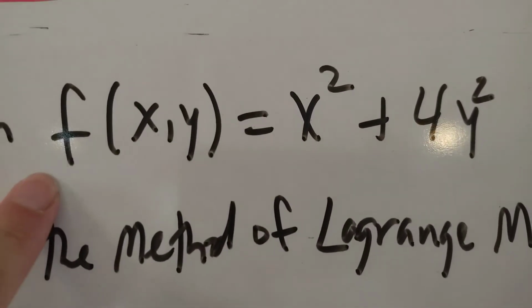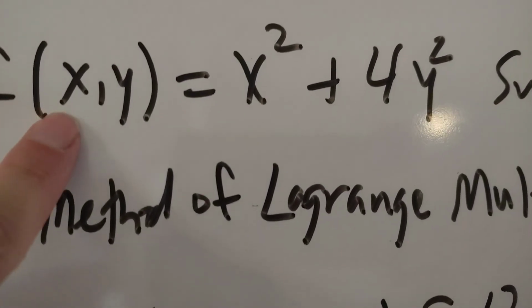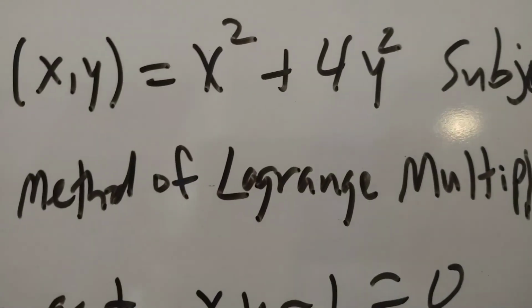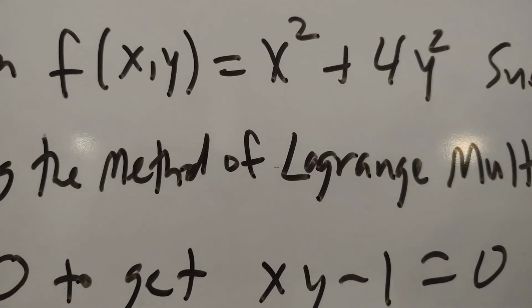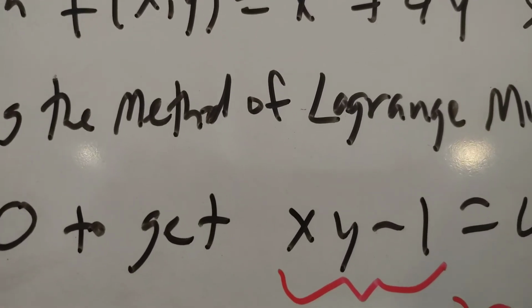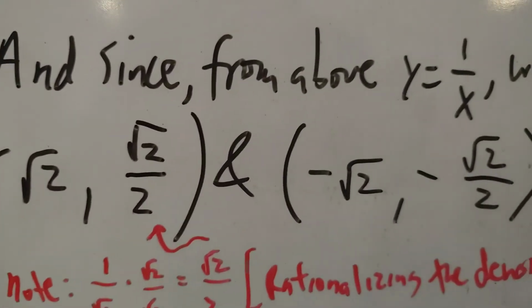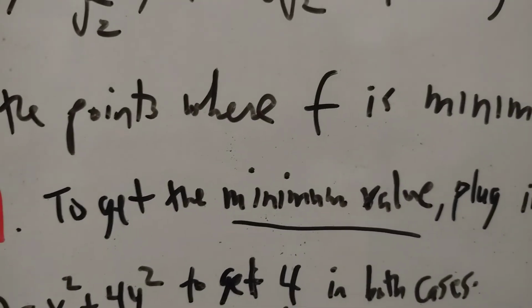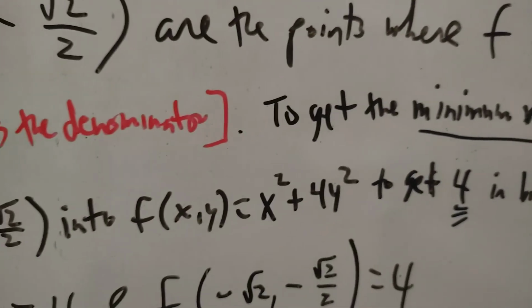If I plug in our x and y into this equation, I'll get the height or the output, which is the value. So to find the actual minimum value, you just plug in the points. Okay, so these are my points, and those points are going to be where f is minimized.